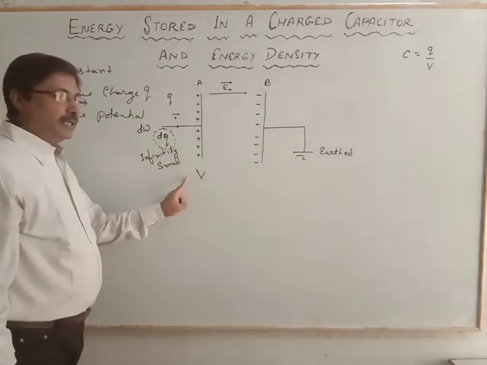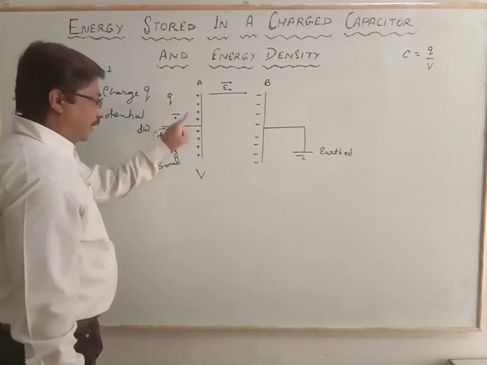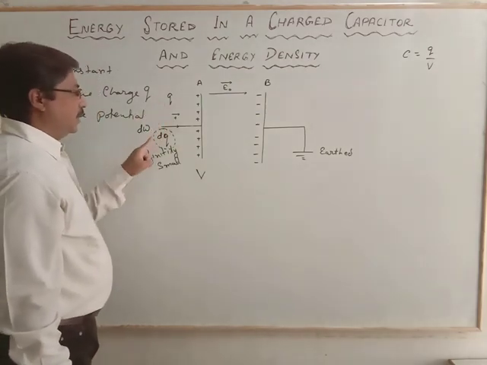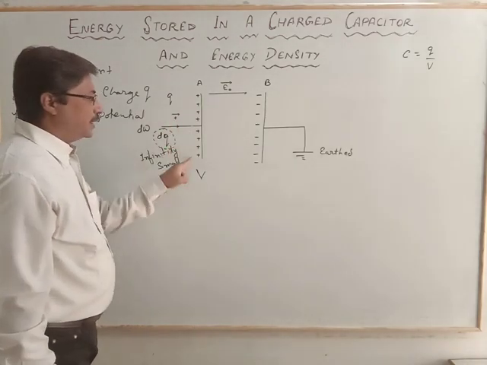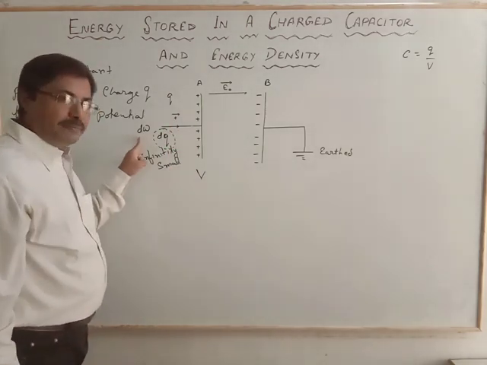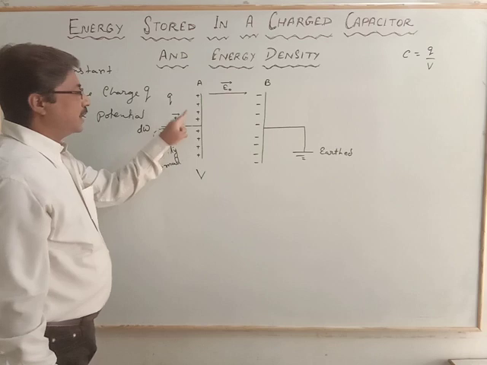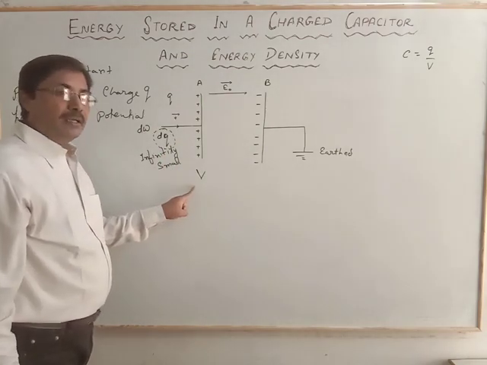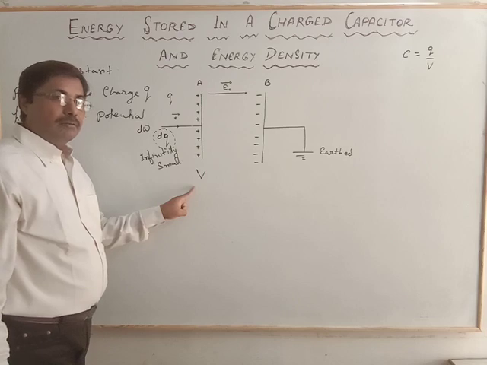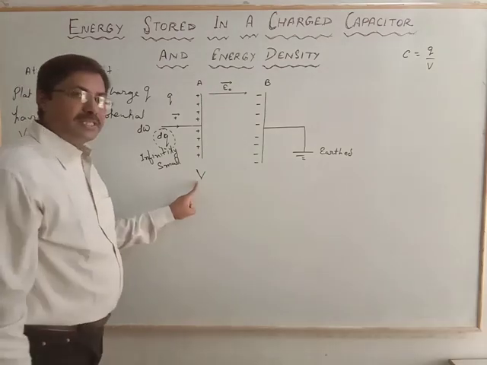For having the charge Q earlier, at that time dq charge is to be supplied to bring to plate A. The small work has to be done to bring that charge to plate A at the same potential. Here you may say that the potential will change.